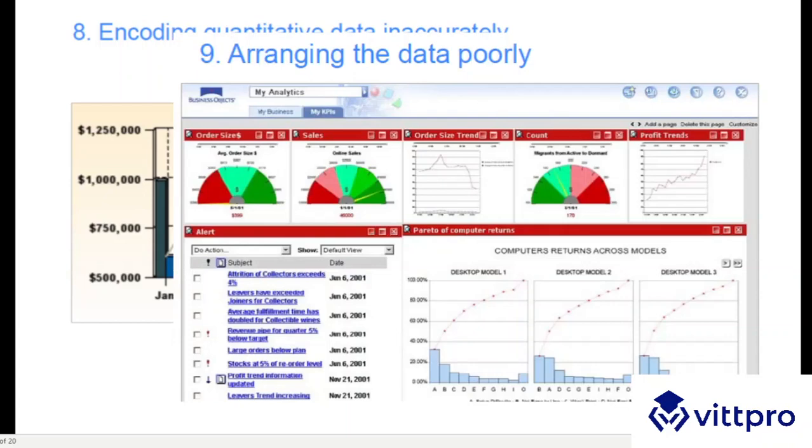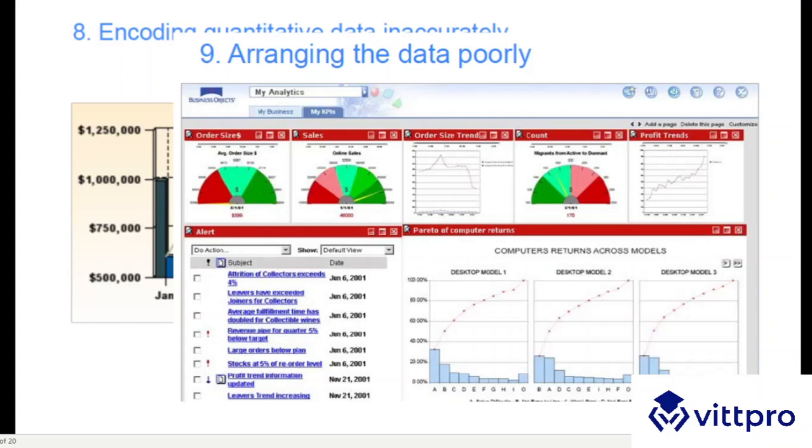Then arranging the data poorly means what should be first. When you are designing the dashboard, normally when you are reading a book, you always read from the top left, which is here. So here you should always start with the most important measure, the most important metrics.